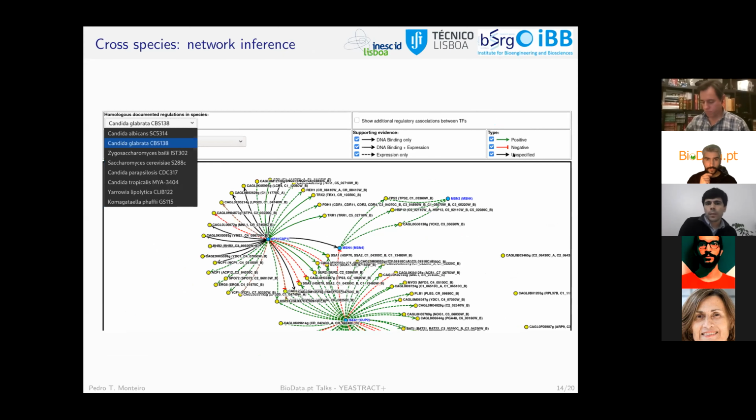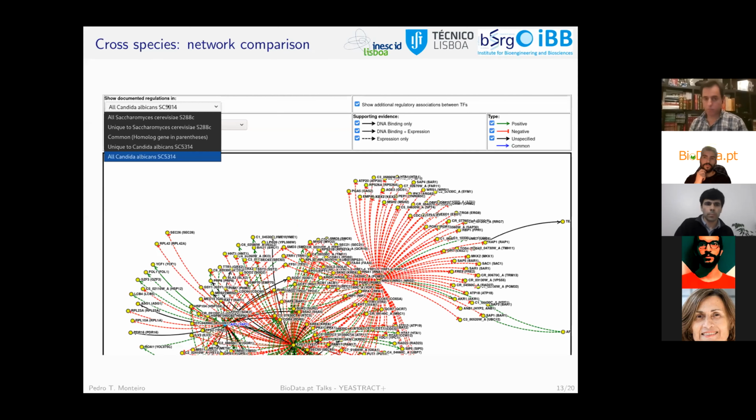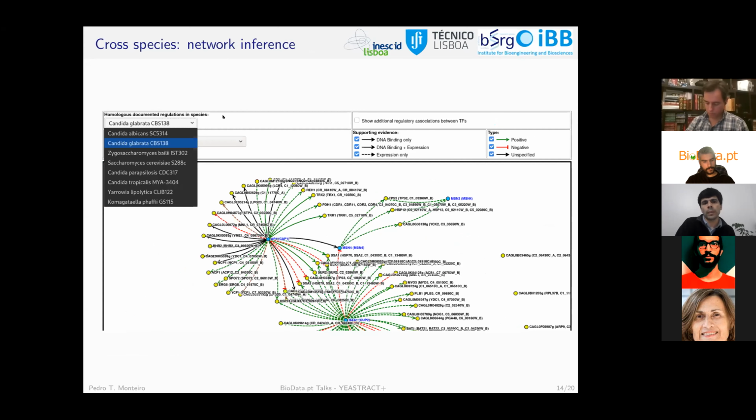Another interesting feature is that sometimes we don't have the network, or as we add more species into the database, the new species don't have any regulatory association added. So they are species that are not very well studied in the literature, and we don't have any supporting evidence. And so in this case, we do network inference. So we project the network from the most studied species onto the vertices of the less known species.